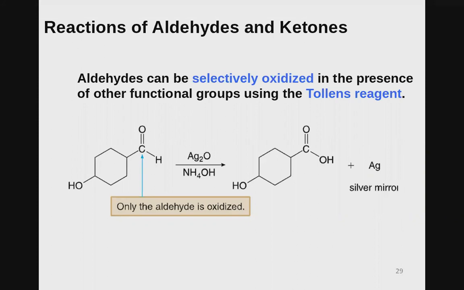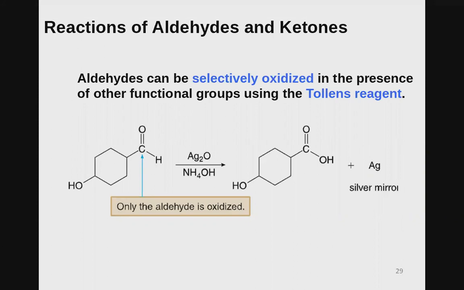What does that mean? Well, we're using Tollens' reagent, which is a mixture of silver oxide, Ag2O, and ammonium hydroxide, NH4OH. I got that right. And again, it's ignoring every other part. Because remember, we can oxidize this alcohol here if we wanted to, right? That's a thing you can do.